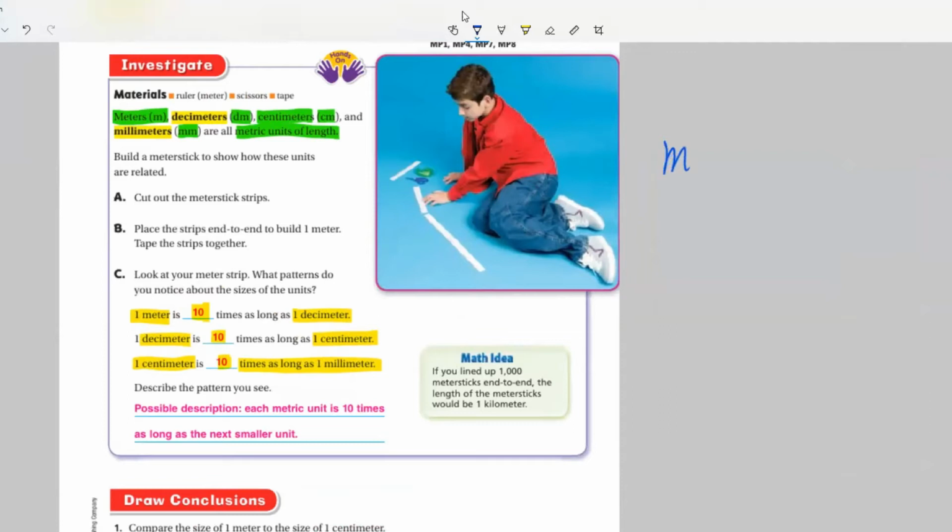So if you want to convert from meter to decimeter, you have to multiply by 10.